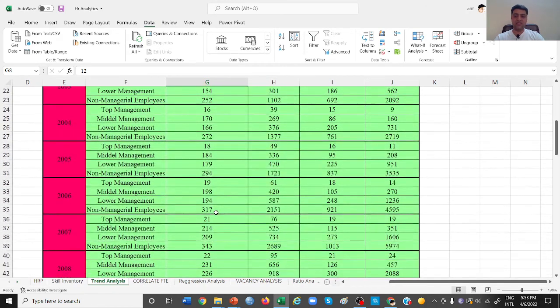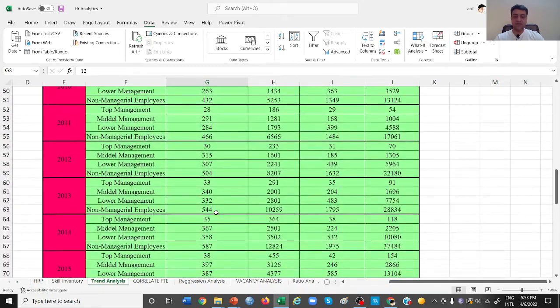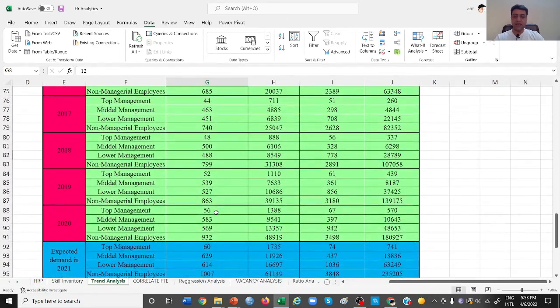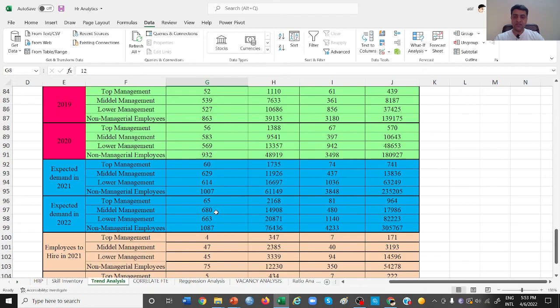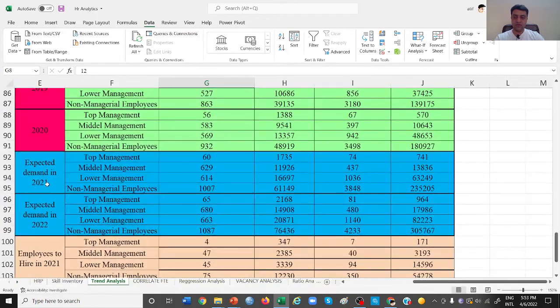So based on this data, we have given it a formula, and you can come down to the data of 2021 and 2022. So in 2021, if you can see this, we will be needing 60 people at the top management level of HR.